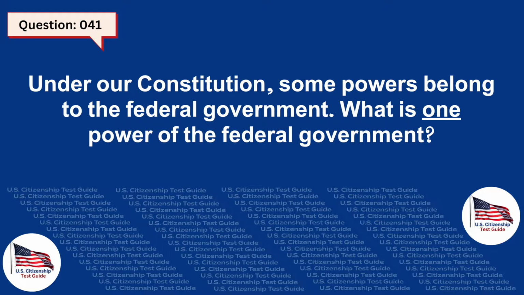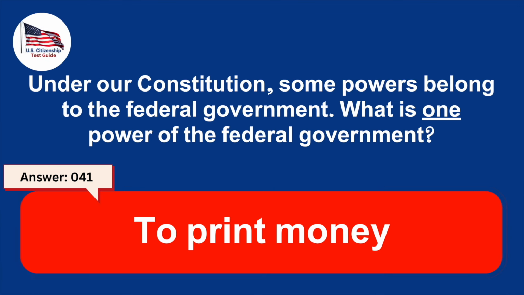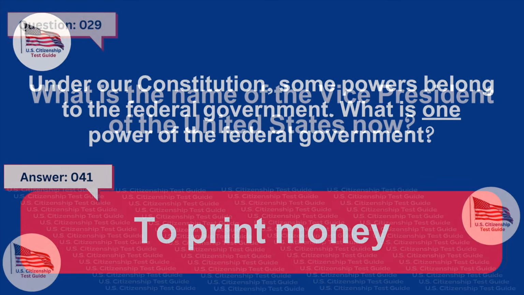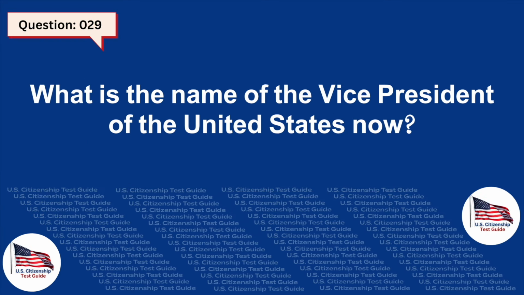Under our Constitution, some powers belong to the federal government. What is one power of the federal government? To print money. What is the name of the Vice President of the United States now?